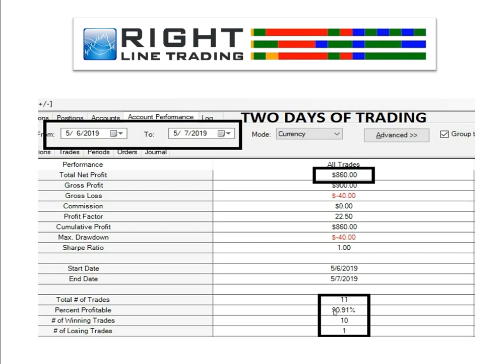If you could trade, and this is live trading from 5.6 to 5.7. We're up $860, and I think we will easily eclipse 1,500 after commissions for the week.